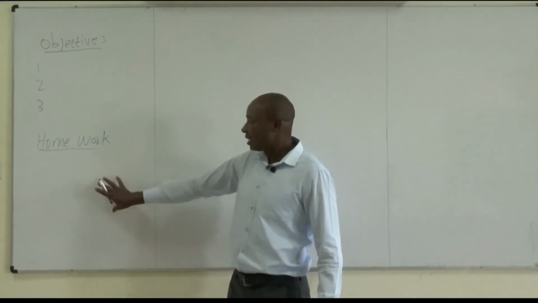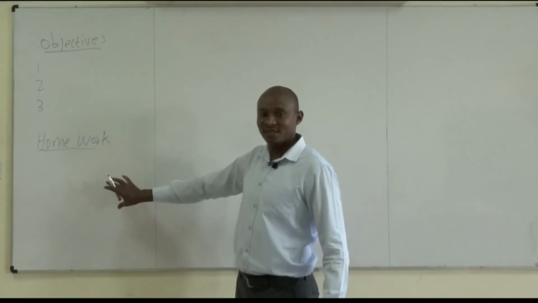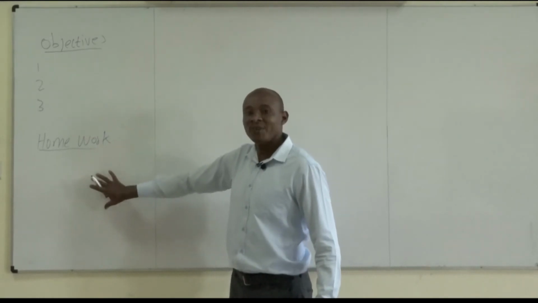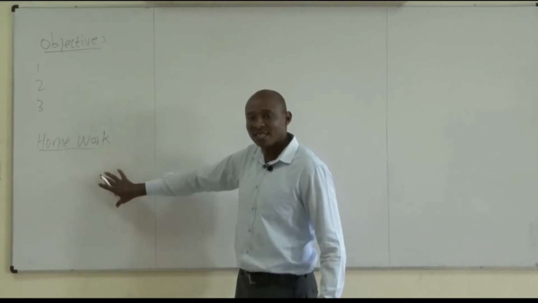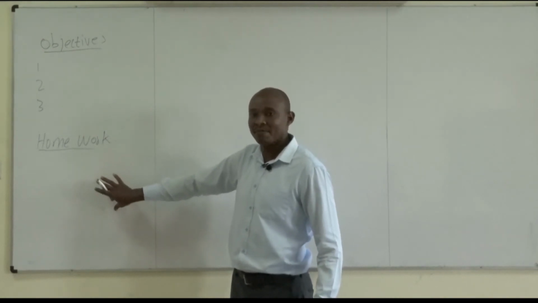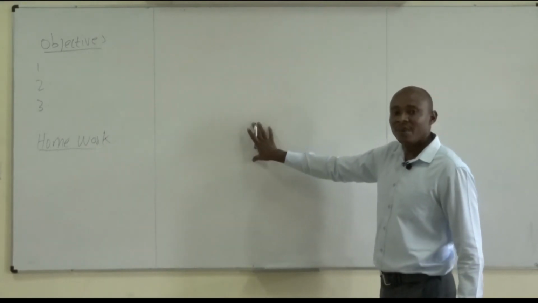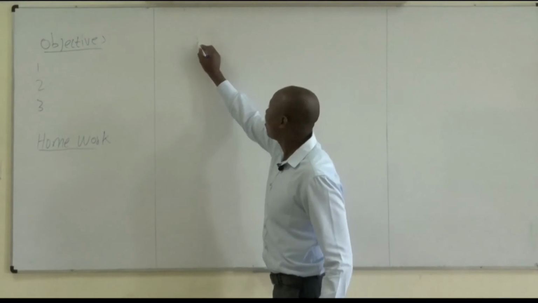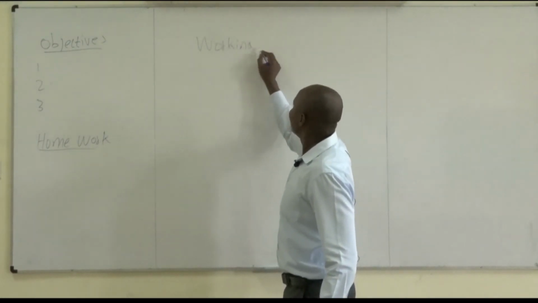Now, in most cases, the assignments that are given during the lesson are what is recorded here, because you want the assignments to run throughout the lesson so that the students can take them home. Now, the middle section is what we use for working. This is our working space.